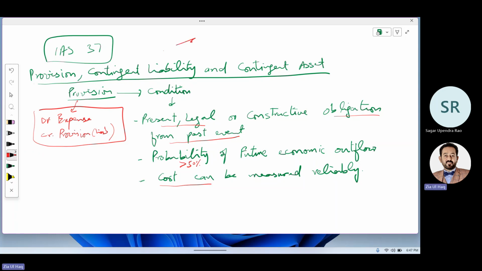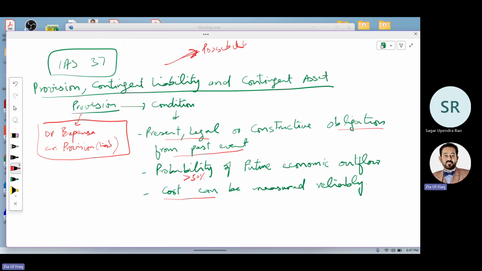If there is possibility rather than probability, possibility means chances are below 50%. In that case, you have to disclose a contingent liability in the financial statement. There is no accounting entry, but you have to make the contingent liability disclosure in the notes to the accounts of the financial statement.